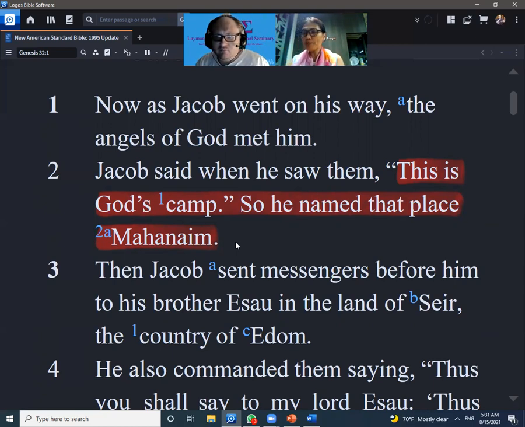So yes, it's a reminder of when he left. God is bringing the angels there to reassure him, but also to remind him and to help the reader pick up on the connection between the stories.